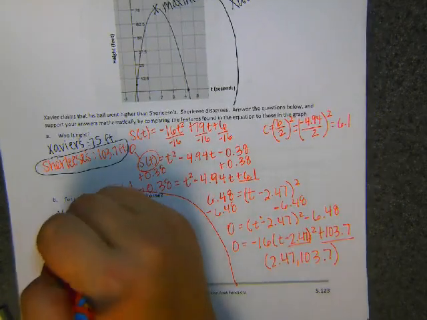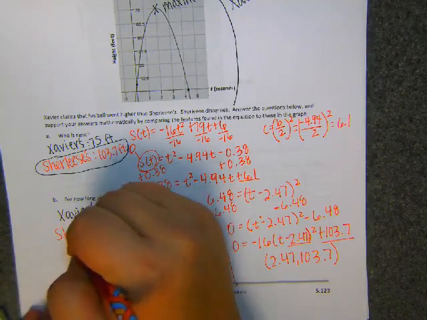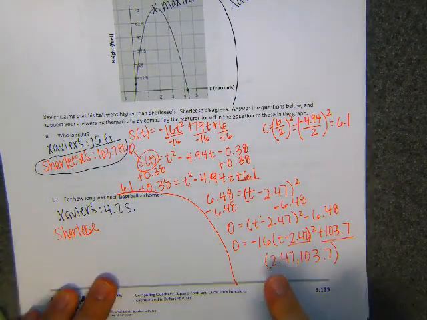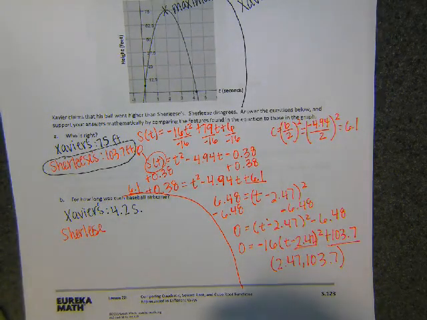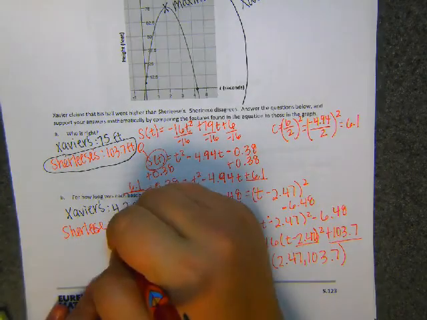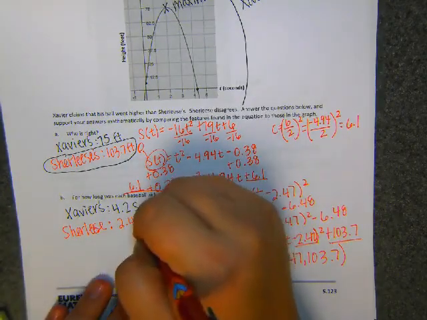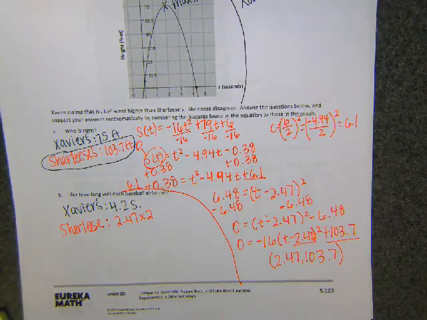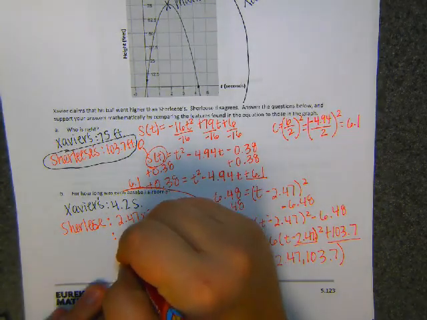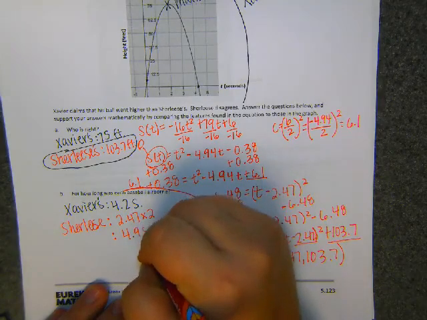So in order to find Charlize's airborne time, we can multiply the amount of time it took for her to reach the maximum height times 2. So we can do 2.47 times 2, and we get 4.9 seconds.